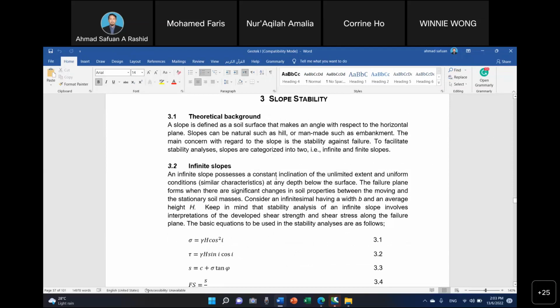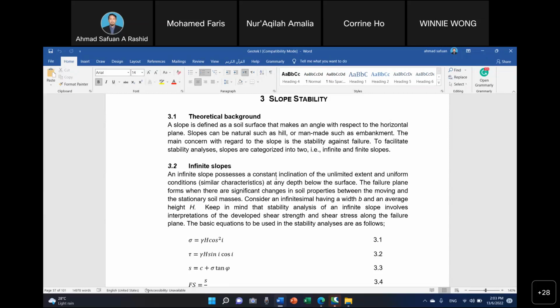An infinite slope possesses a constant inclination, of an ultimate unlimited extent and uniform condition at any depth below the surface. The failure plane forms when there are significant changes in soil properties between the moving and the stationary soil masses.